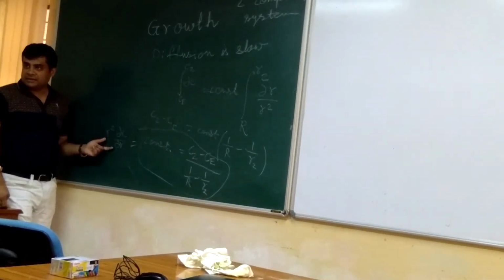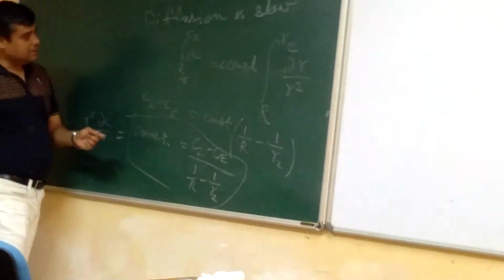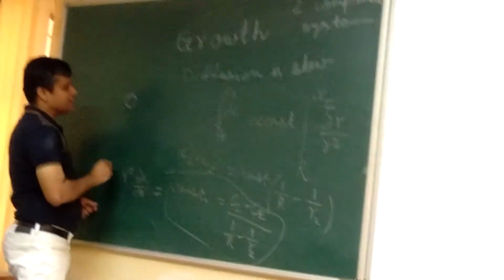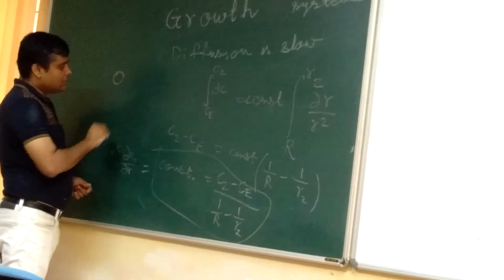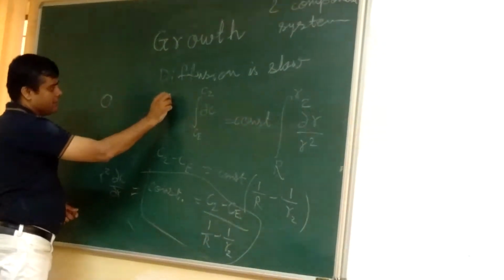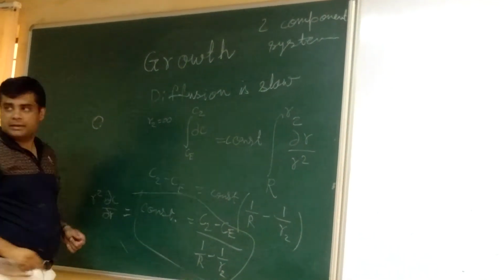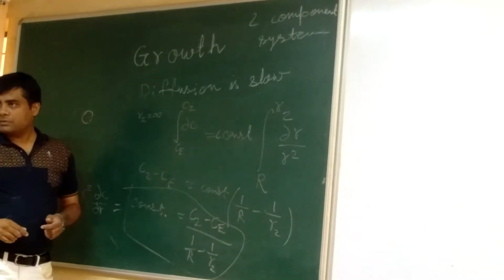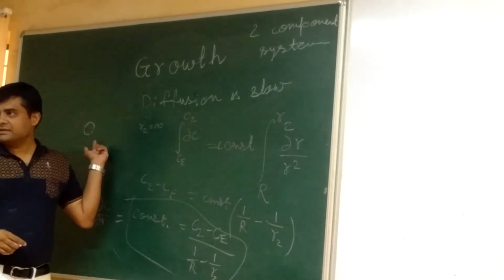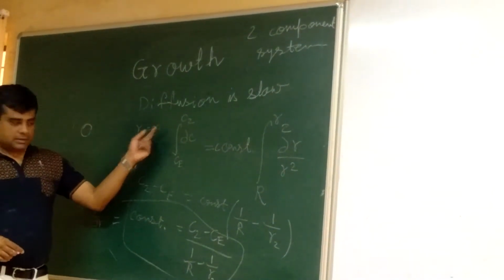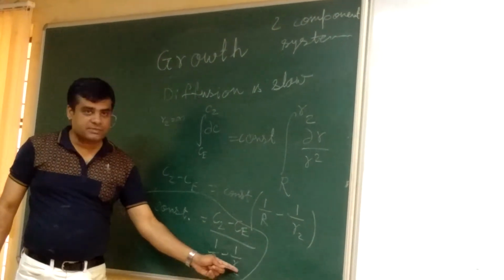Now if you apply this and think that your precipitate is here and far away, when R2 is almost infinity compared to the precipitate size, far away, this will become 0.